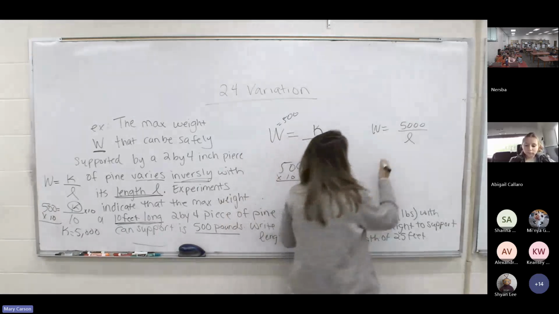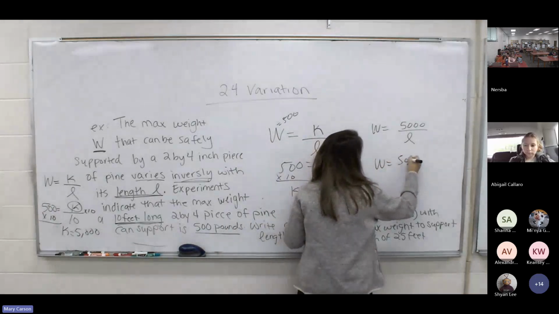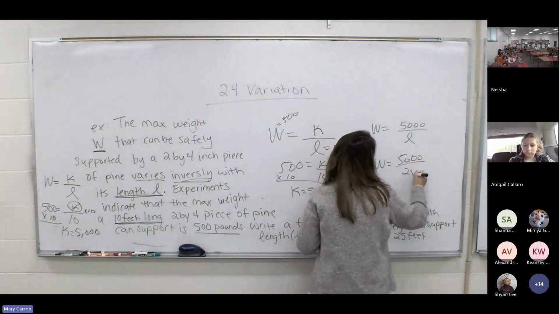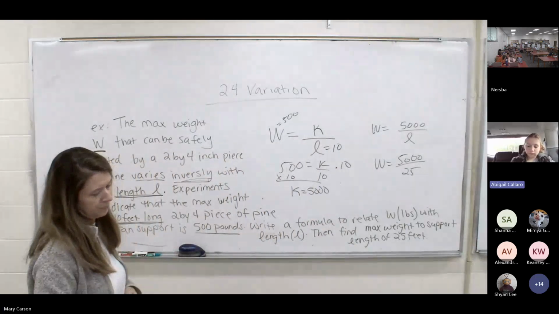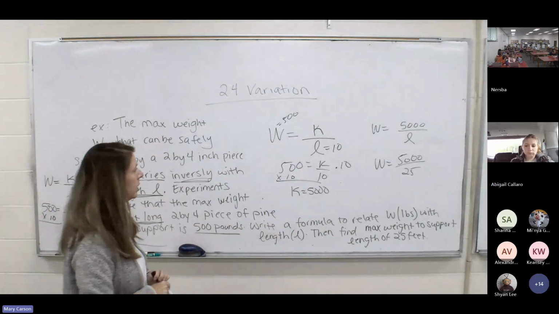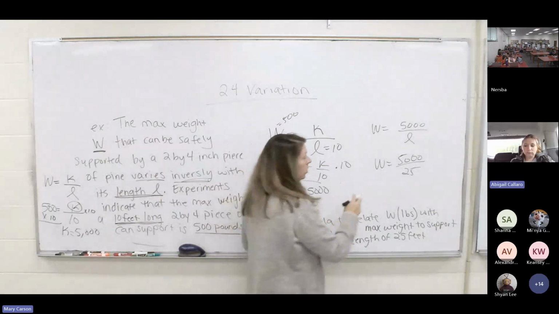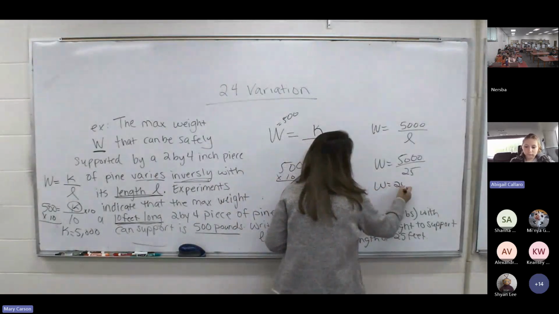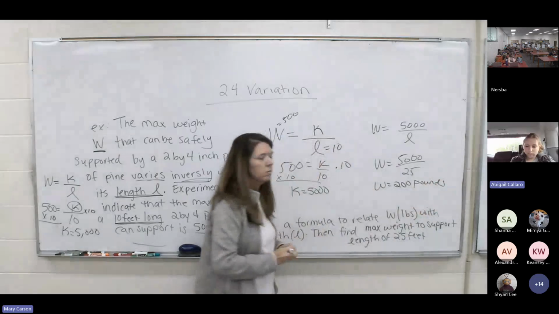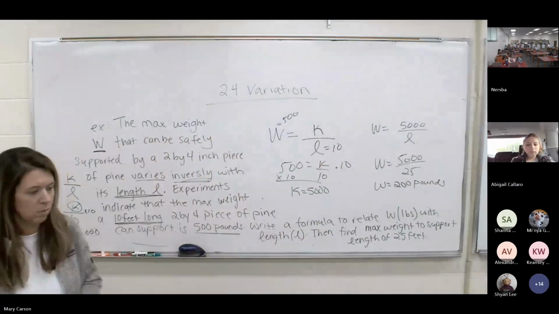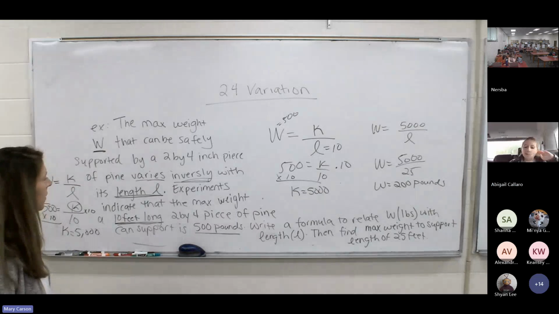That is your L, and we're finding W. So what is 5,000 divided by 25? Good, Casey. Good, Latrell. 200 pounds would be our second answer. Okay, questions on that?